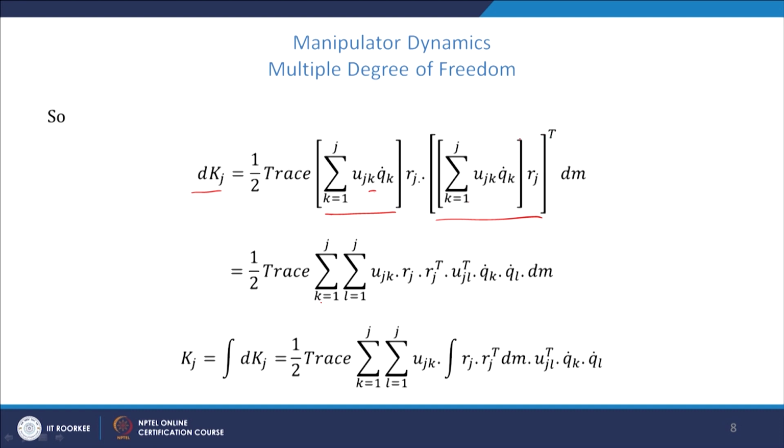this matrix, because R is a vector and here U is a matrix, Q is a number, it is a joint variable, Q dot is the velocity. So it is a number here.